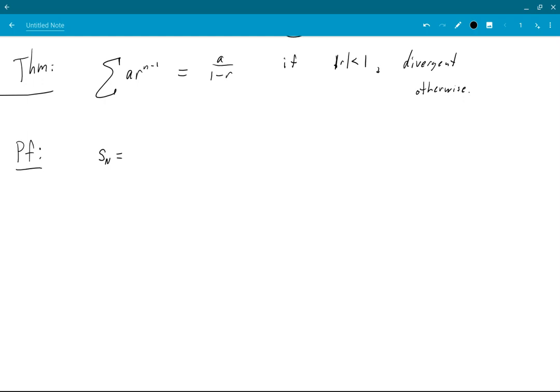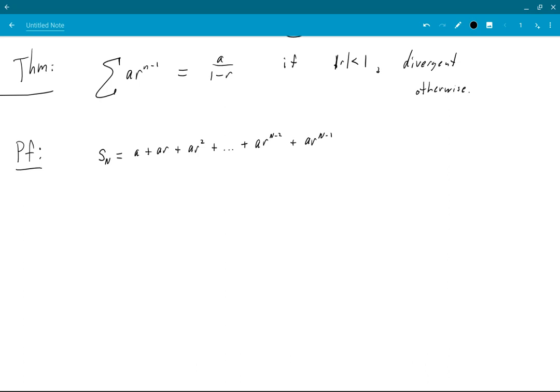So what is Sn? Sn is going to be a plus ar plus ar squared plus dot dot dot plus, so what do we get? The last term is going to be, let me just think, it's this one, right? ar^(n-1).